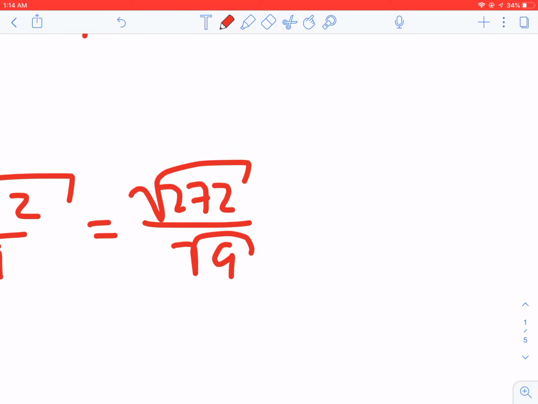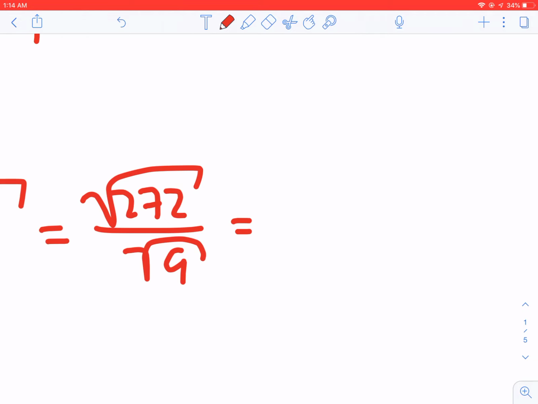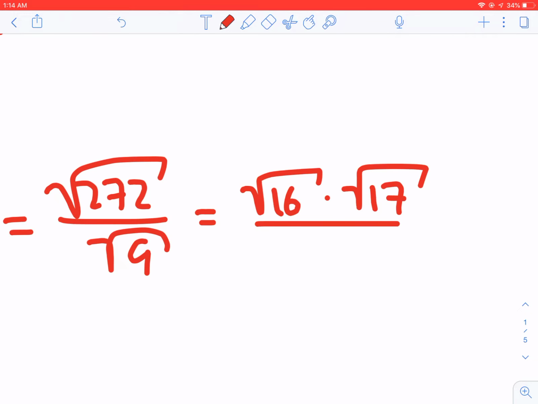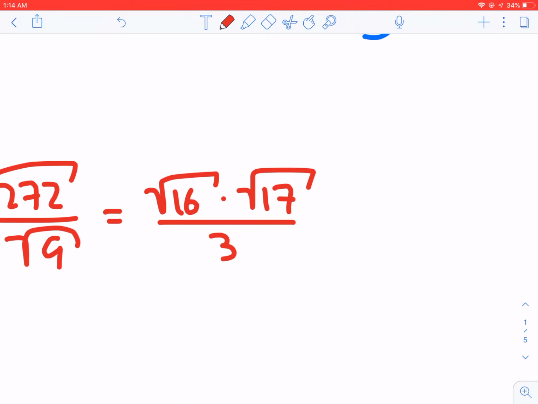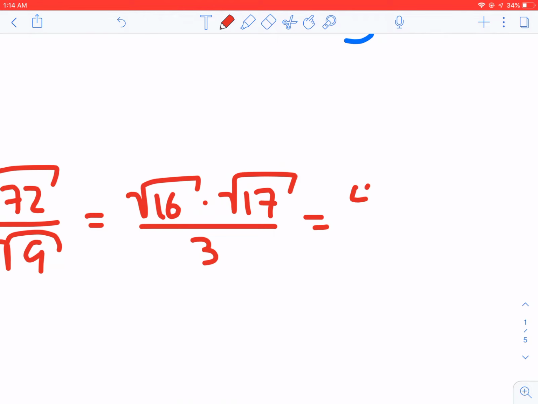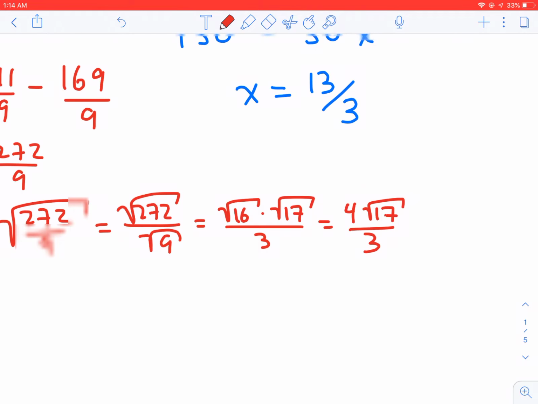But 4 divides into 272. 16 also divides in if you play around with it. And that's actually going to be 16 times 17 is 272. Alright, divided by square root of 9 is 3. So that is 4 rad 17 over 3 is our height.